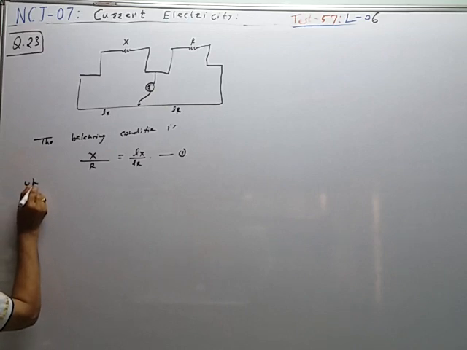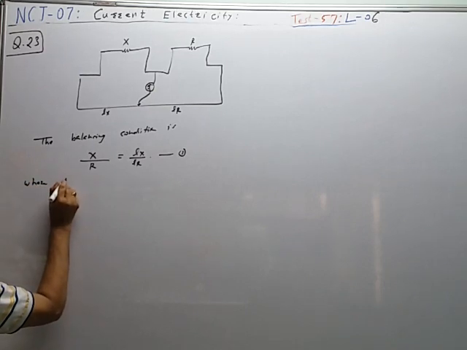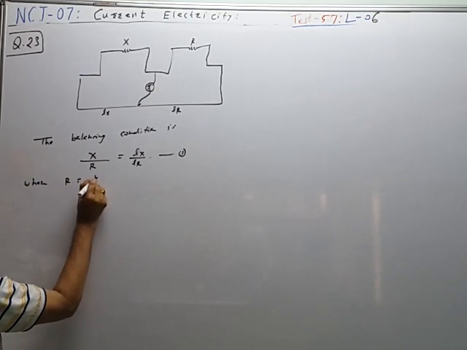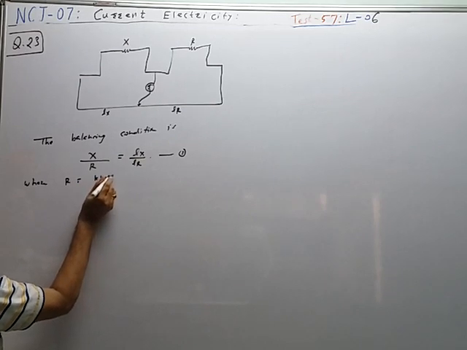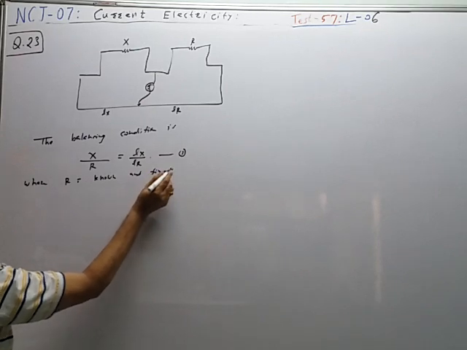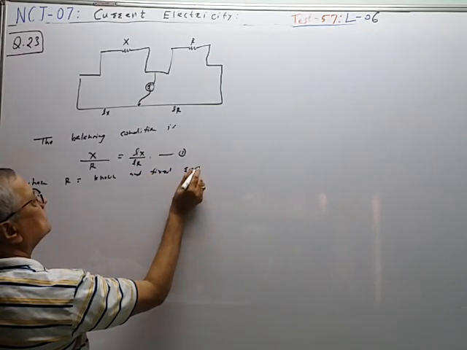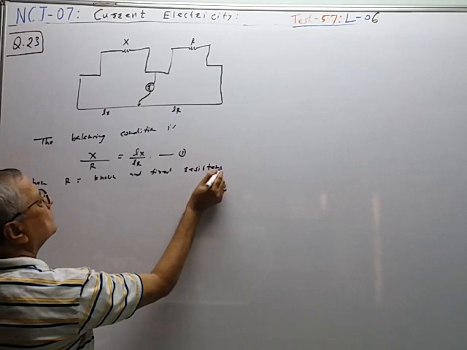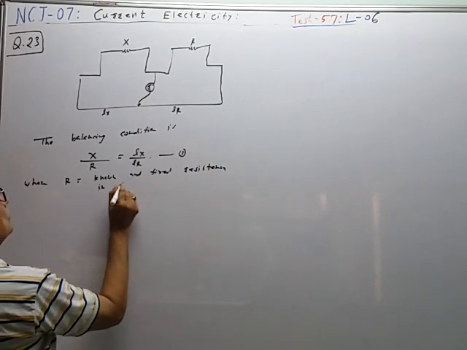where R is a known and fixed resistance in right gap.